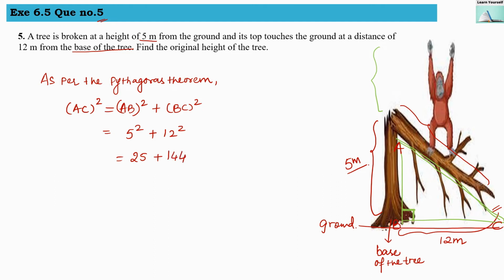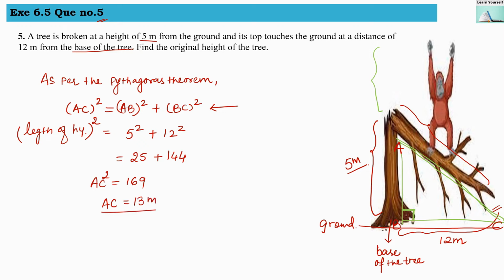If you do not want to name this triangle, then you can simply write here the length of hypotenuse and square of that. Like that you can write if you do not want to name this triangle. Here we have given names. So AC square equals 169. While taking square root on both sides, we will get AC equals 13 meter.